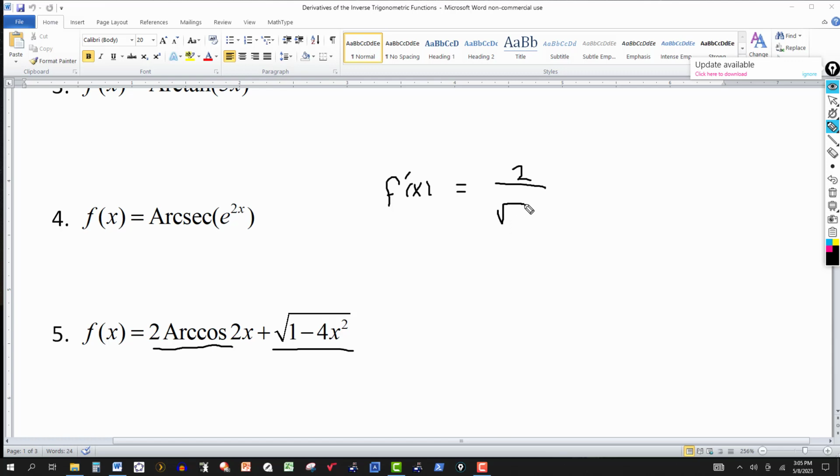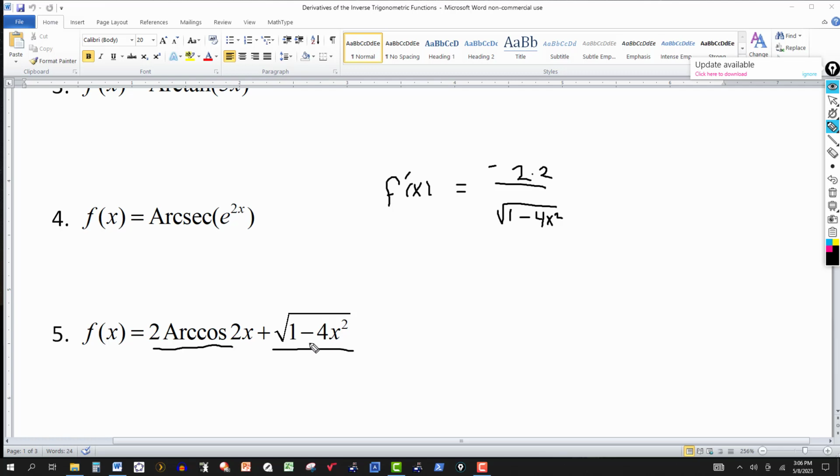And then on the denominator, this one has the minus. This is 1 minus, and the u here is 2x, so we square that, we get 4x squared. And then it's times, using the chain rule, derivative of 2x is 2. Got that on top.